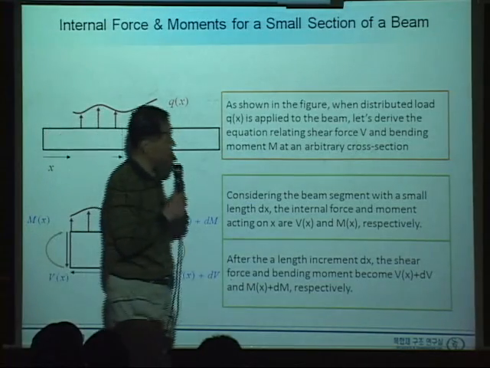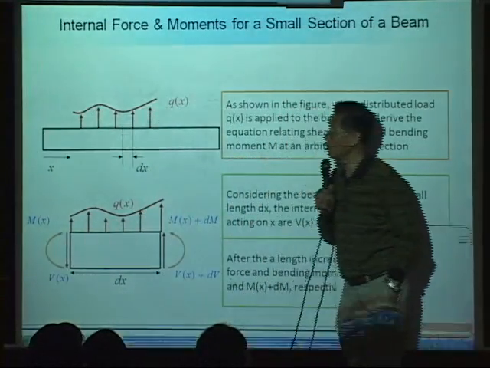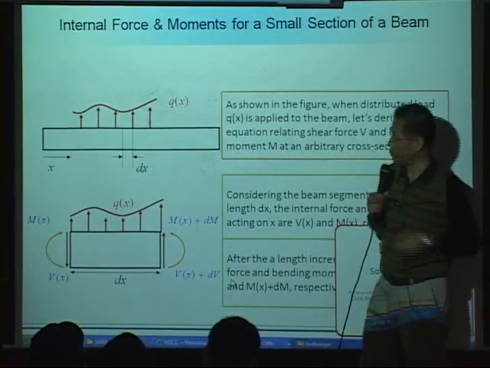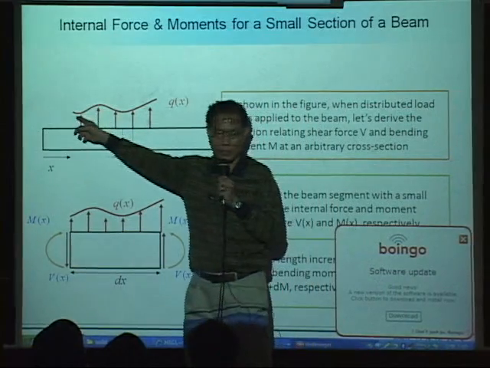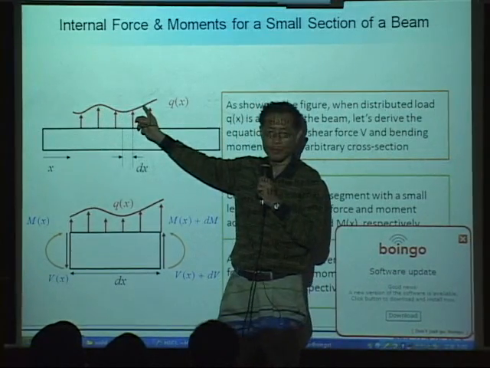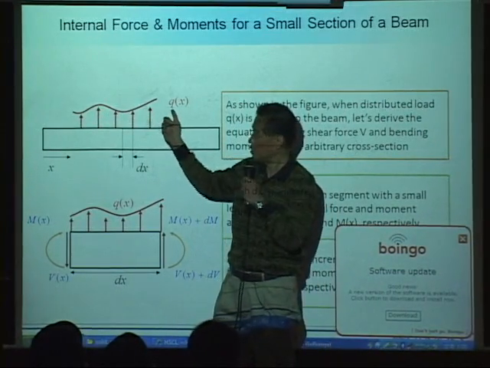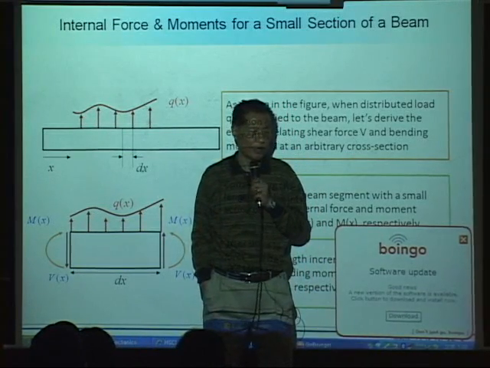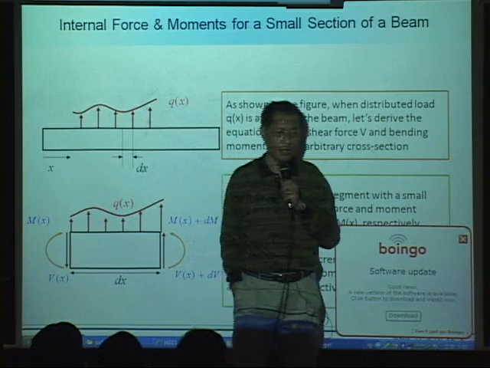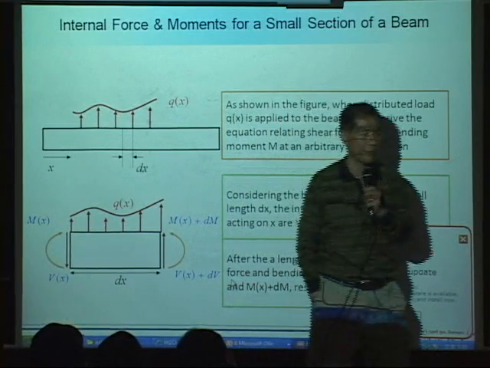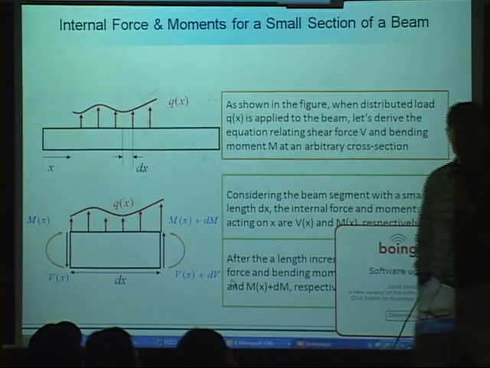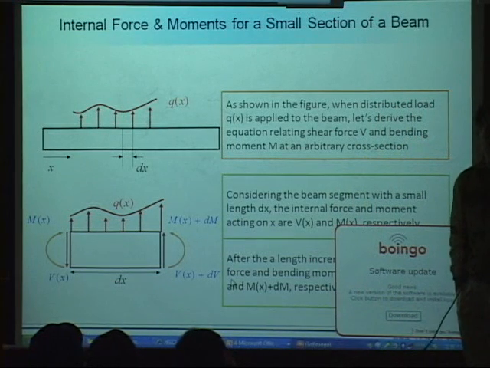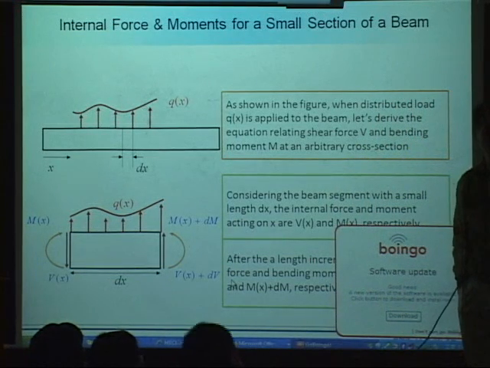Let's say we have a beam subject to an external force, which is denoted as Qx here. Force per unit length. And Q can be any function of x.